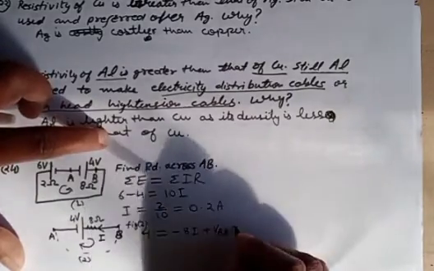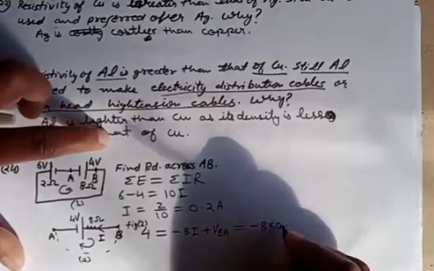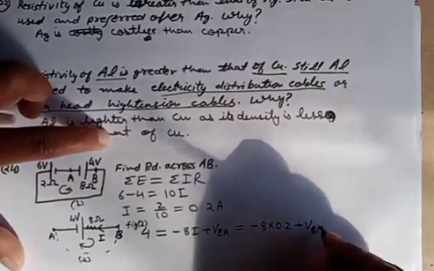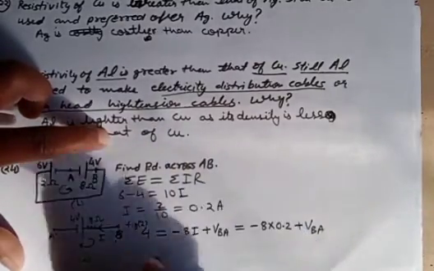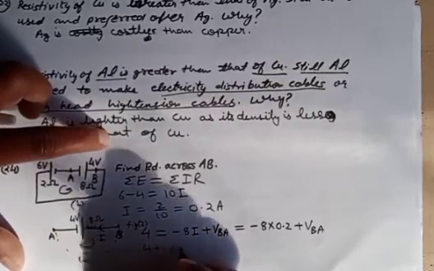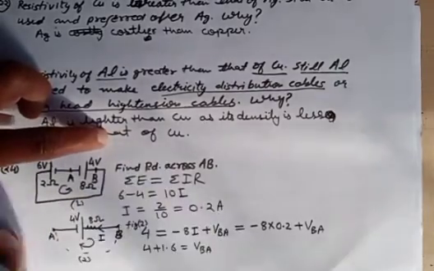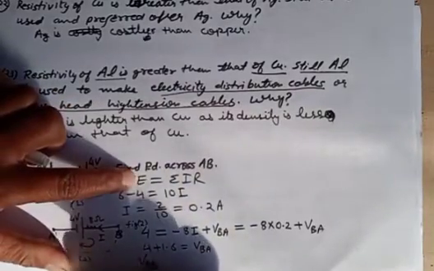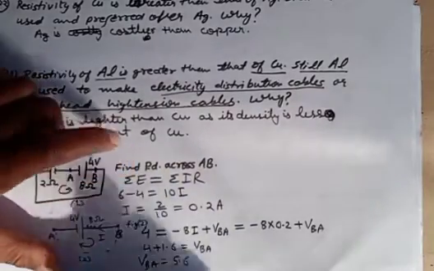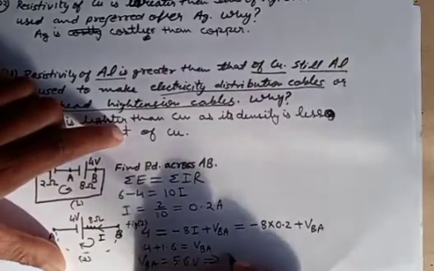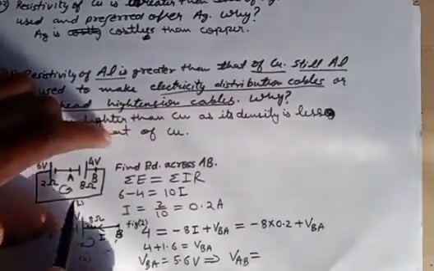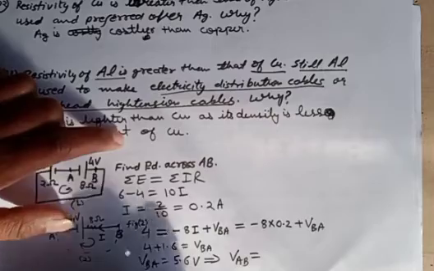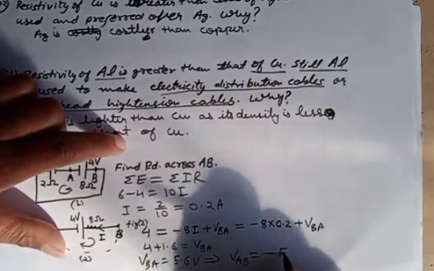So minus 8 into 0.2 plus VBA, that will be 1.6. So 4 plus 1.6 equal to VBA, and that is VBA equal to 5.6. But they have asked for VAB. See, VBA means VB minus VA, so that must be different from VAB, so that will be minus 5.6 volt.